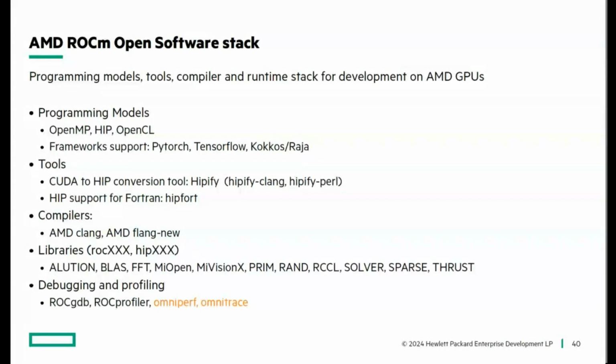Omnitrace is equivalent to Nsight, a higher-level approach. And Omniperf is equivalent to Nsight Compute, which is for kernel use on a GPU. Omniperf and Omnitrace require a separate local installation, which we won't go into here, but if you want to know, we can give details for that.